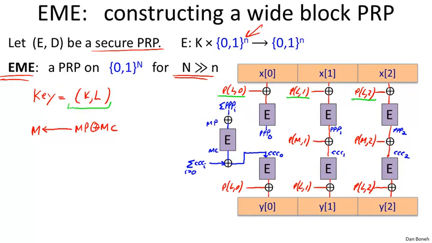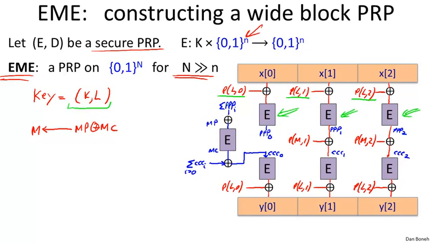We use the secret key L to derive a pad using this function P that I'm not going to explain here. We derive a different pad for each one of the blocks, and we XOR that pad into the block. The next thing we do is we apply the PRP E using the key K to each one of these blocks, and we're going to call these outputs PPP0, PPP1, and PPP2.